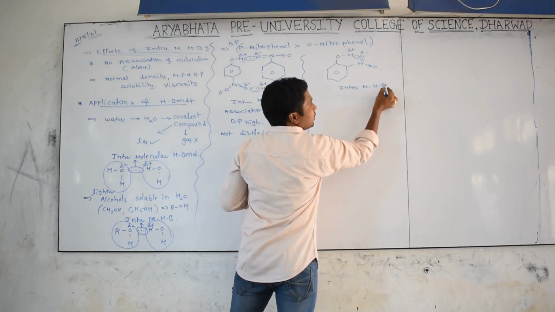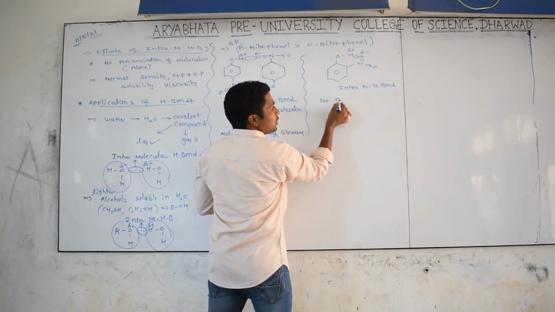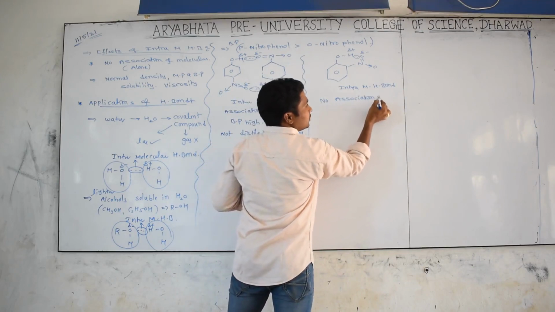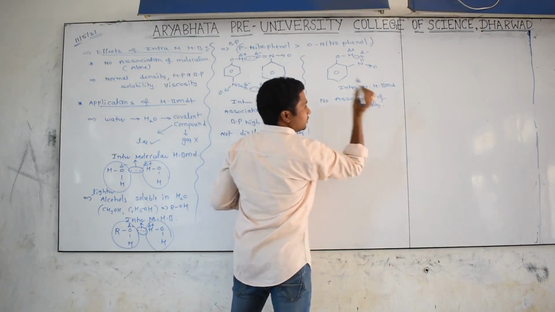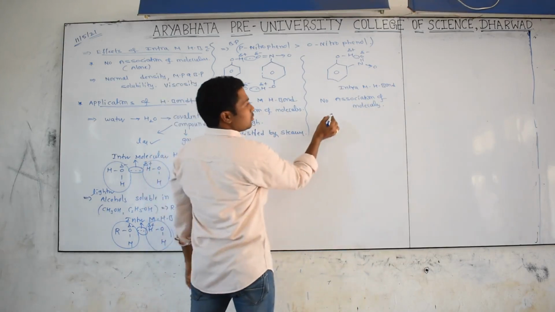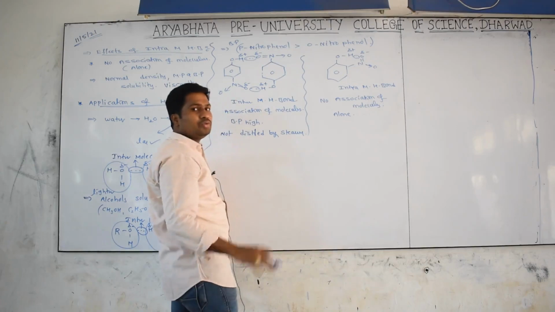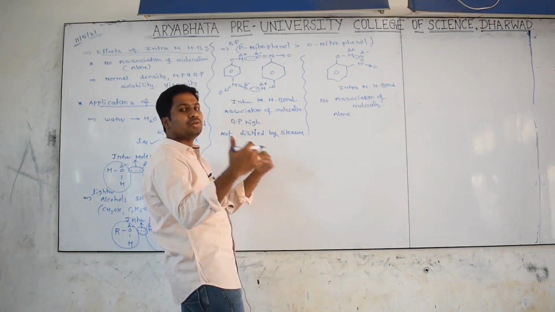Because of intramolecular hydrogen bonding, is there any chance for association? No association of molecules. No association means they become like single molecules. Then is separating that liquid easy or not? Yes, there is no force or relation with the surroundings.